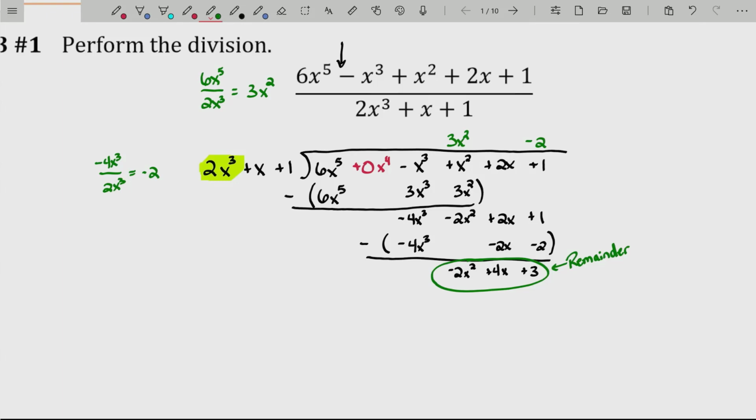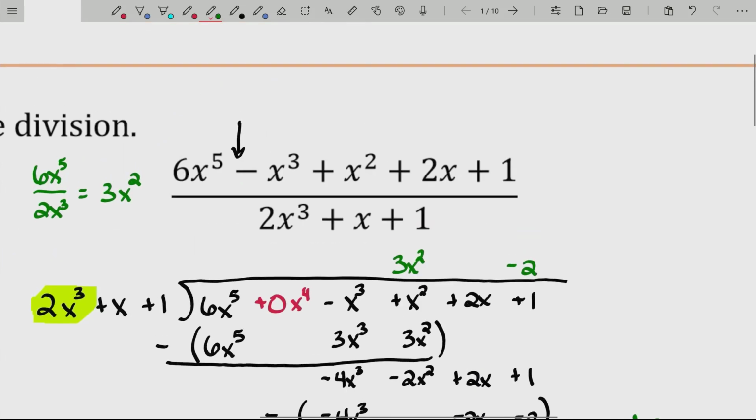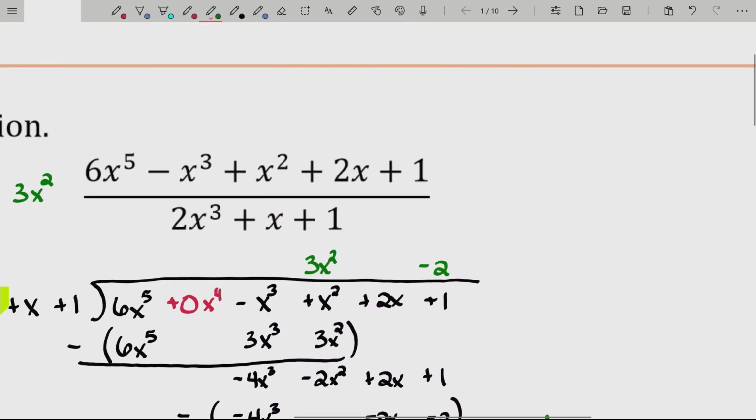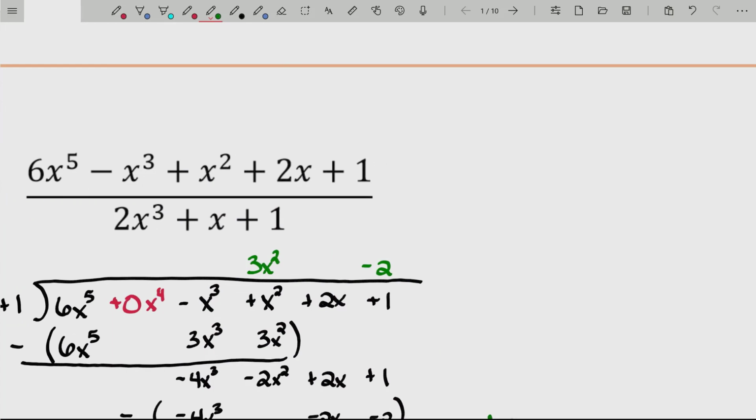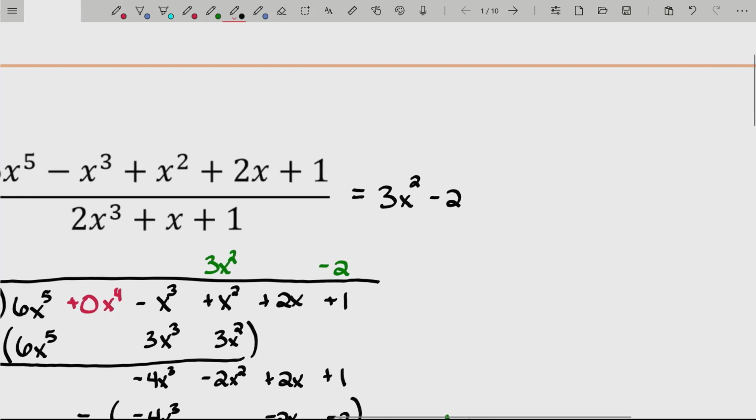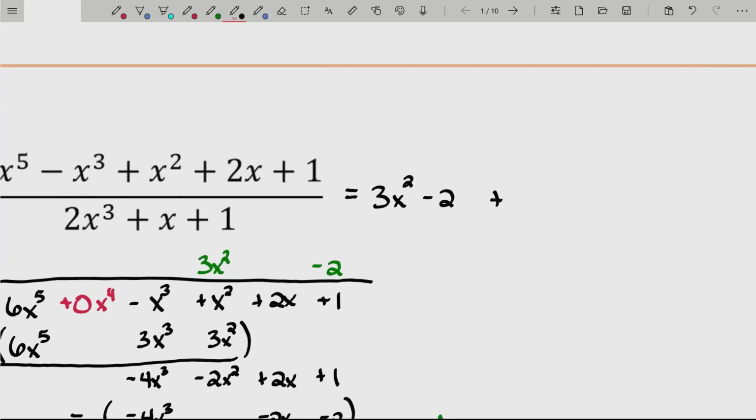What does this mean in terms of the fraction that we had up above? Well, it means that if you had done long division, which we did, we would get this 3x squared minus 2, which is again called the quotient, and then we'd have some remainder over some divisor.